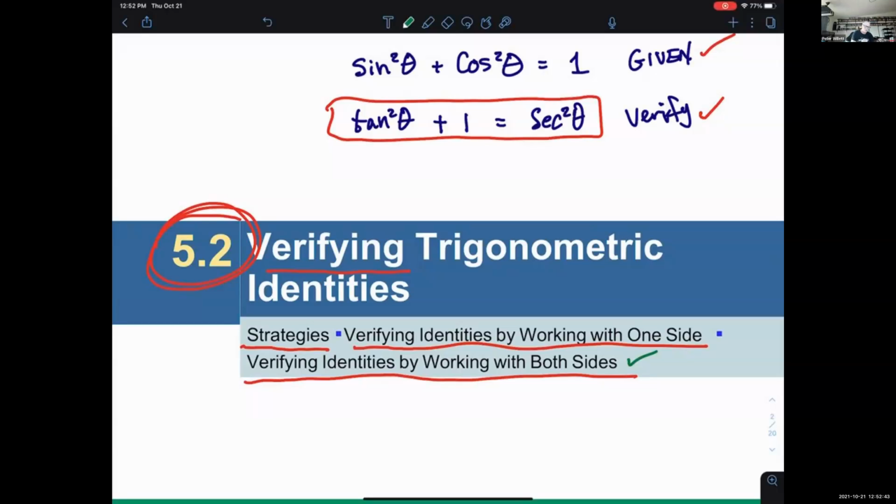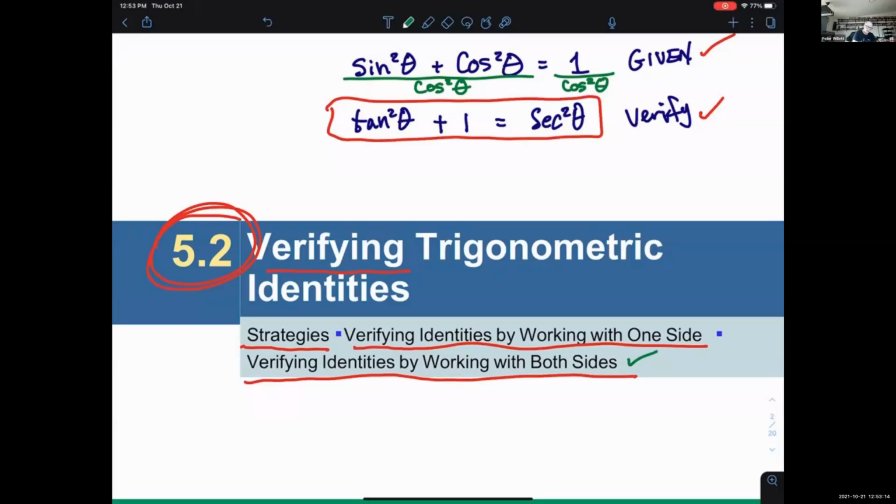What I could do with the identity above is divide both sides by cosine squared theta. Then you'll see on the right side that 1 divided by cosine squared theta is secant squared theta. That was one of our reciprocal identities.